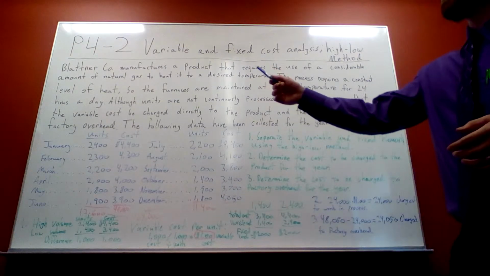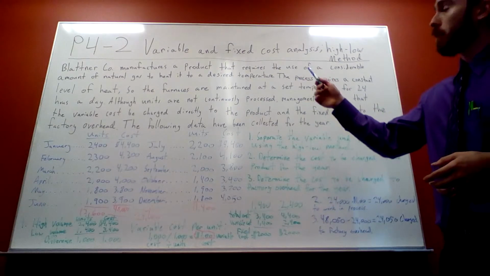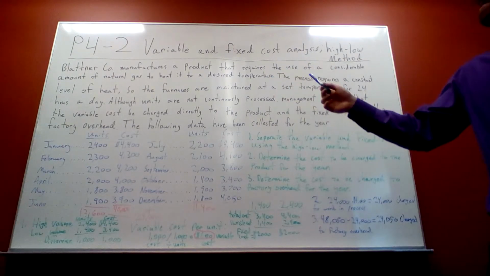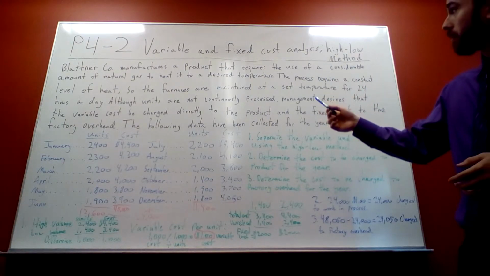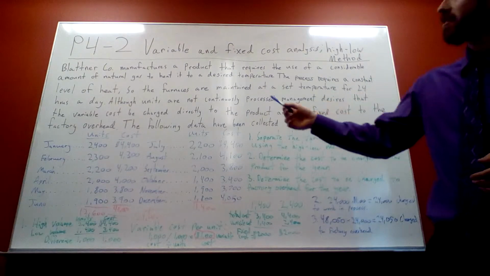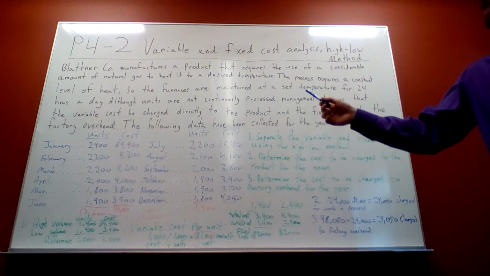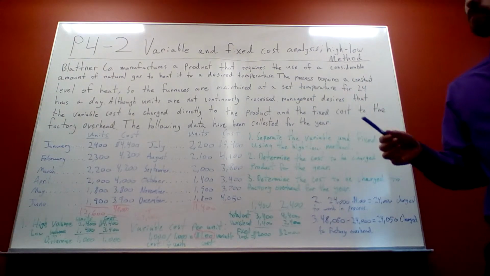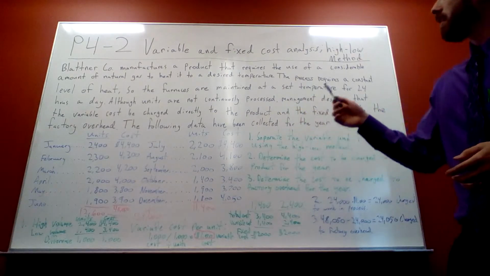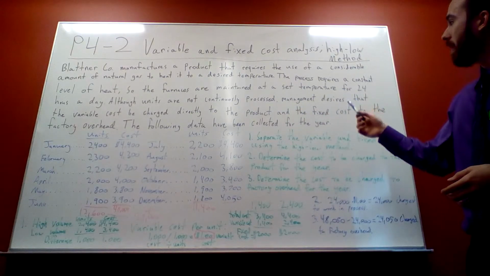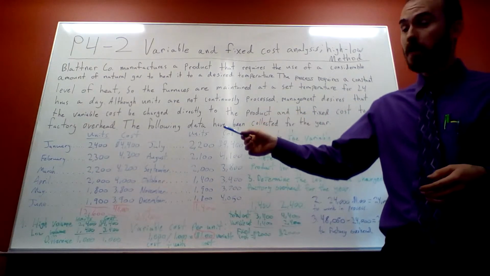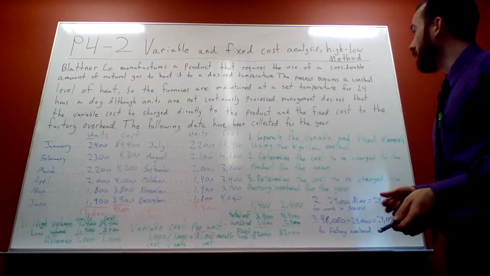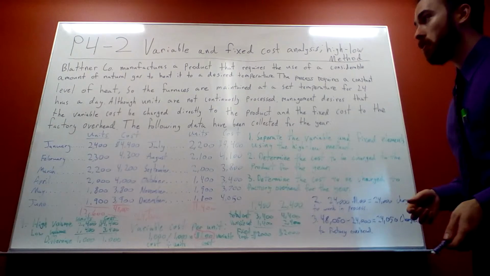Blattner Company manufactures a product that requires the use of a considerable amount of natural gas to heat it to a desirable temperature. The process requires a constant level of heat, so the furnaces are maintained at a set temperature for 24 hours a day. Although units are not continuously processed, management desires that the variable cost be charged directly to the product and the fixed cost to factory overhead.